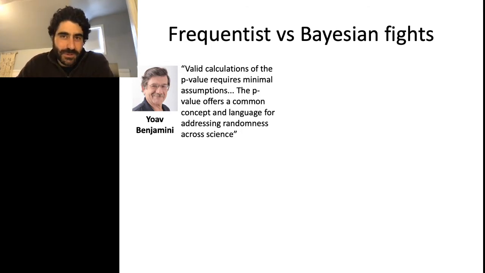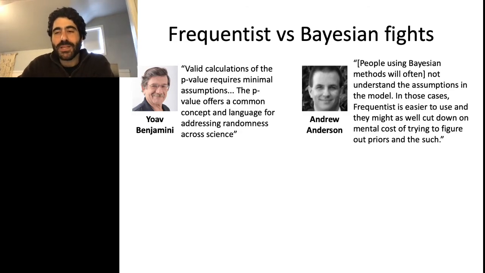Another pro-frequentist position is that these Bayesian methods are kind of cool, but they're very complicated. They often have lots of assumptions in them, and people aren't well trained to use them. And so maybe we should just stick to these frequentist p-values. They're easier to use. We don't have to try to figure out our priors and all this kind of stuff.